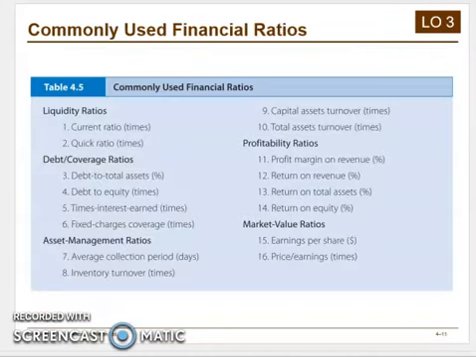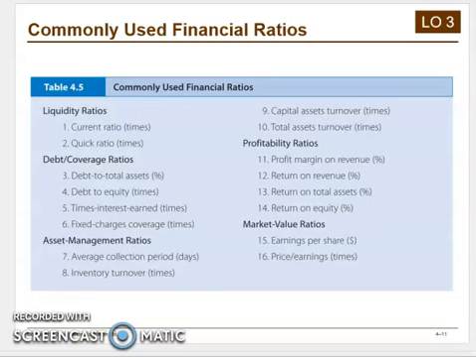When we're talking about liquidity ratios, the debt coverage ratio, asset management ratios, profitability ratios, and then there's also a couple of market value ratios. As you can see here, there are different ratios within each category, and we will look at the formulas for each of these.